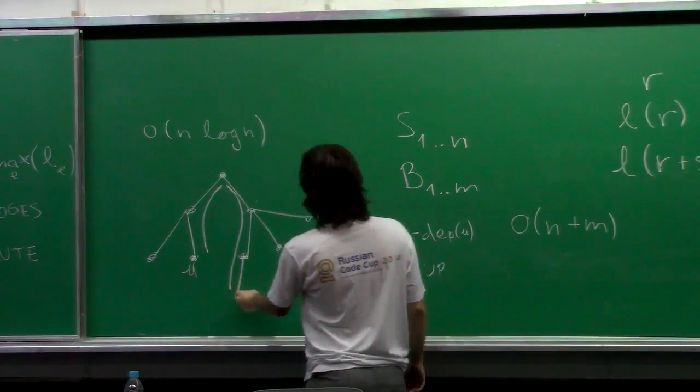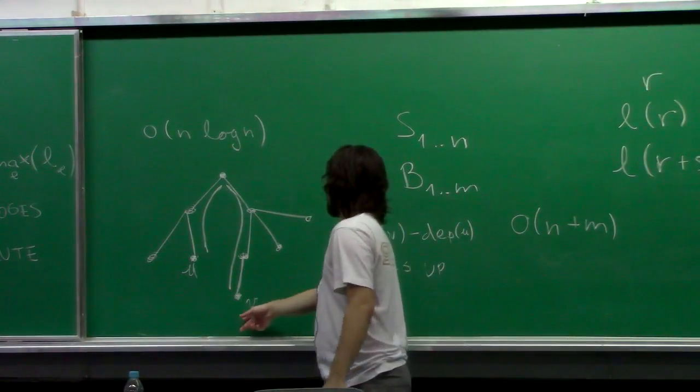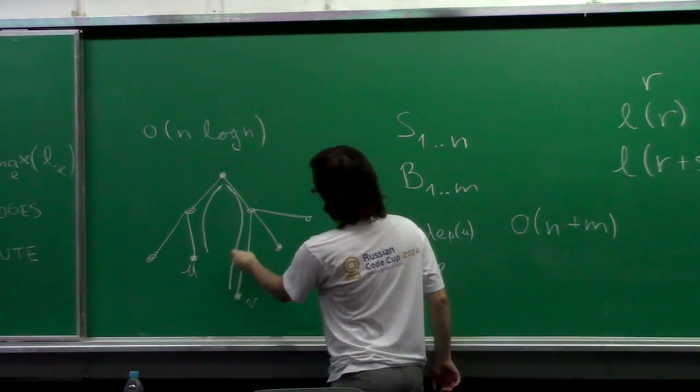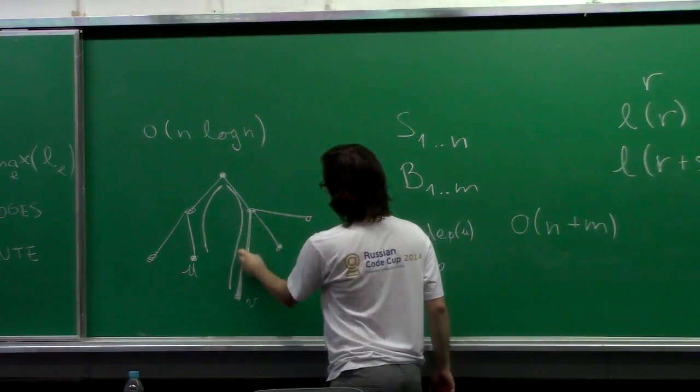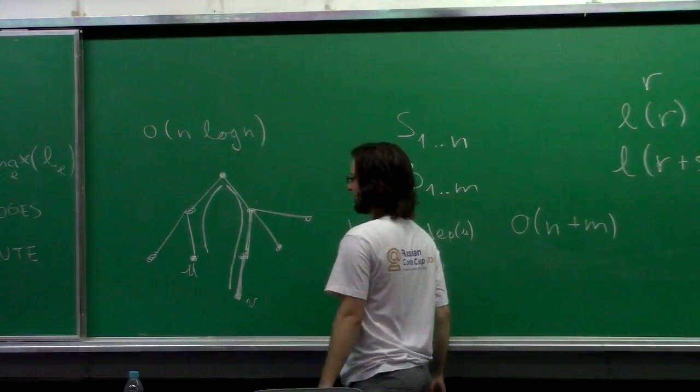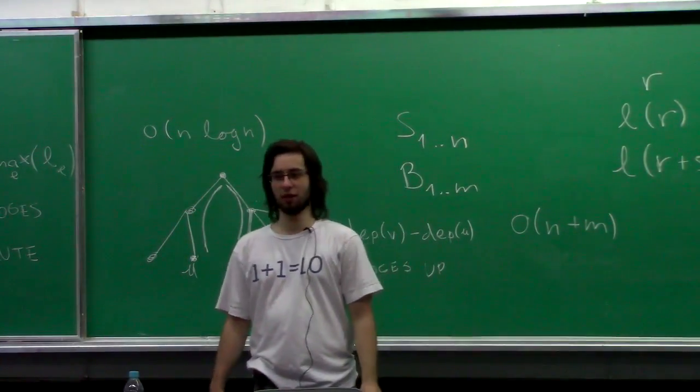So for example, for 2 power 1 edges up from this vertex v, we would compute the maximum of lengths of this edge and this edge, just on the path between a vertex and its 2 power kth ancestor.